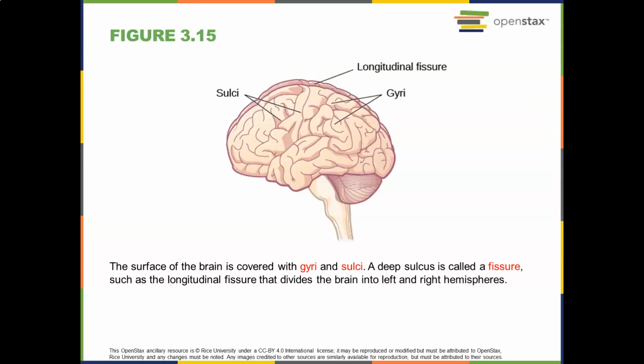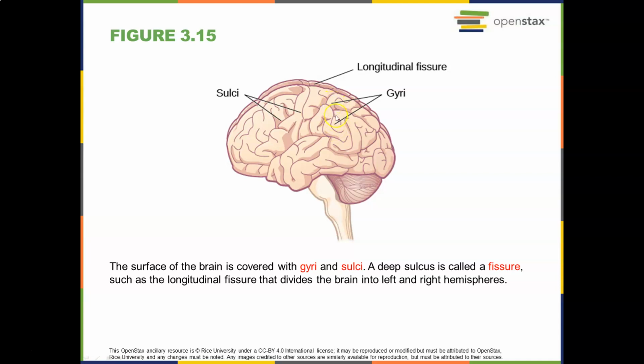Okay, all right. So there are some parts of the brain, and a couple of things here that I put in red. This term is called gyri, and that means more than one gyrus. The gyri are the actual lumpy parts of the brain.